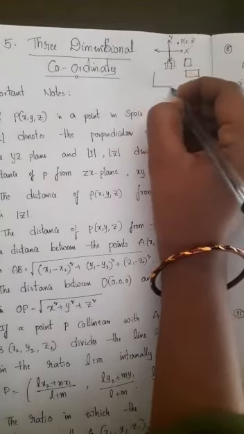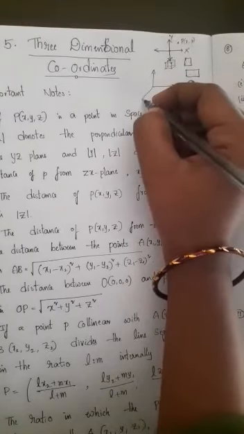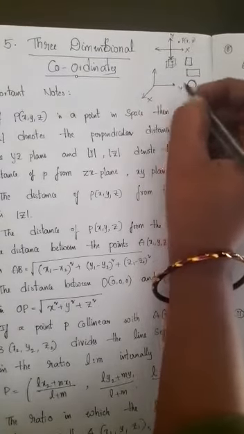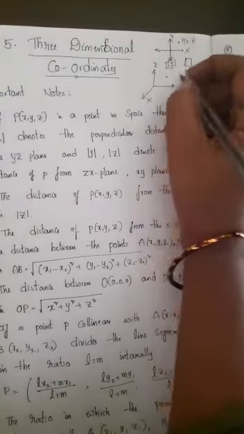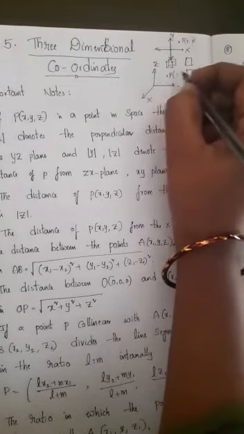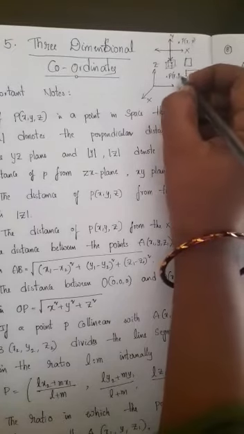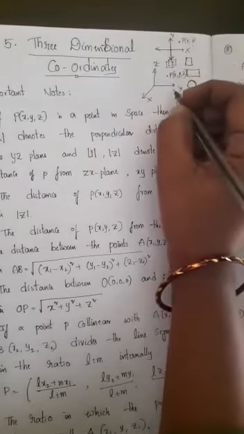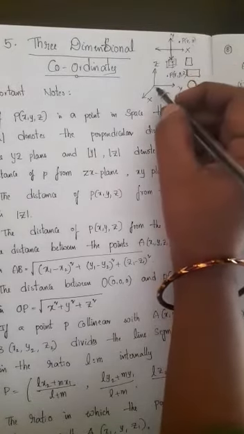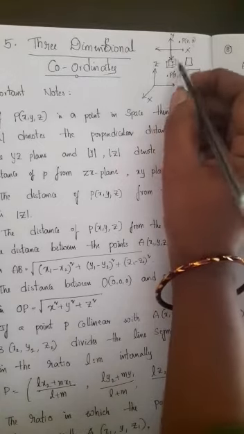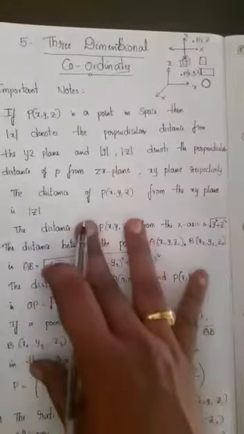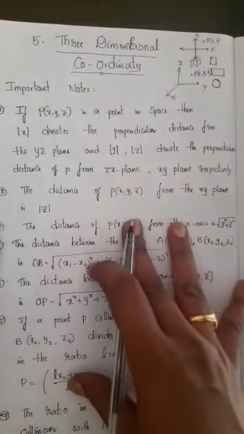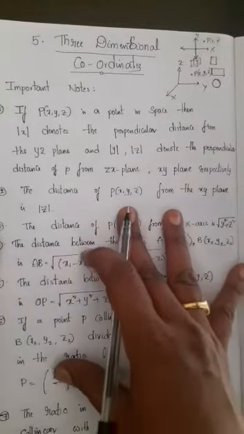We have 3 axes, x-axis, y-axis and z-axis. Any point must contain x coordinate, y coordinate and z coordinate. That means we are adding another axis, another coordinate to the 2-dimensional geometry, right? For every 2-dimensional figure.